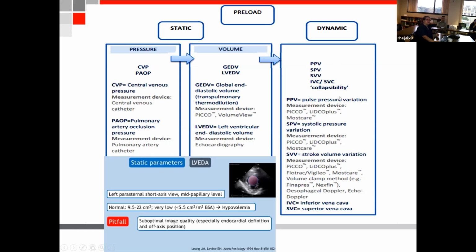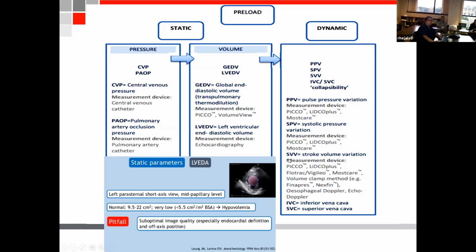One is the pulse pressure variation. These are just some tools, but there are several machines that can determine that for you. Systolic pressure variation can be measured by anything, as well as the primitive dynamap that we do it.